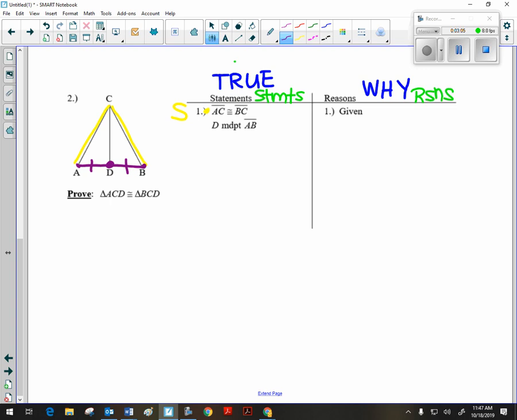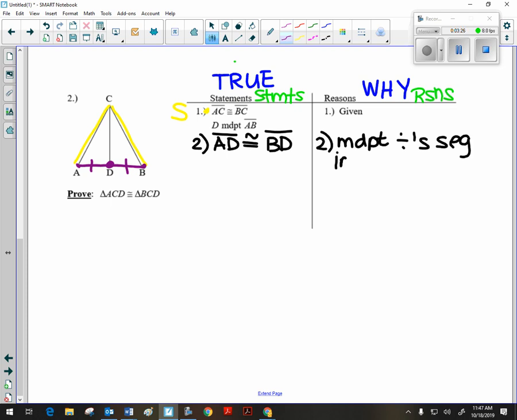So what I can say from the fact that I know that I have a midpoint is that the segment that goes from A to D is congruent to the segment that goes from B to D. The reason why I know that is because midpoint of a segment divides the segment into 2 congruent segments. And what we're doing is we're listing those 2 congruent segments.